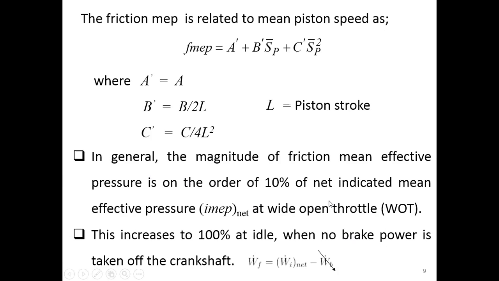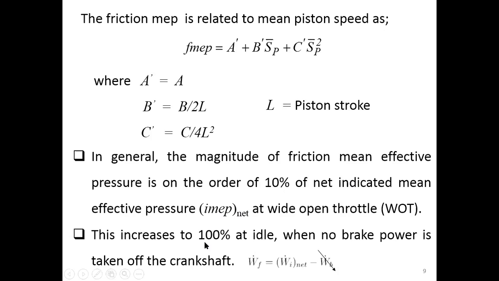Wide open throttle means heavy loading on the engine, so we have to open the throttle widely. So under those conditions, the friction mean effective pressure is about 10% of the net indicated mean effective pressure.